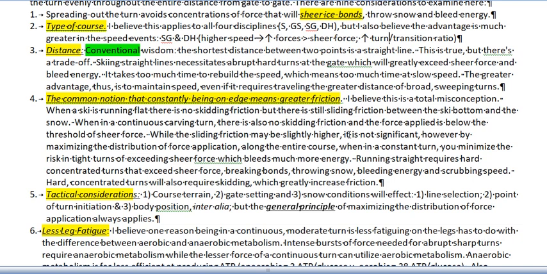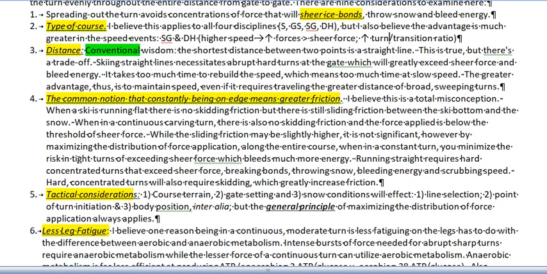And although the sliding friction may be slightly higher in a turn because you're applying more pressure, maybe a little bit more sliding friction, it is not significant, right? However, by maximizing the distribution of force application along the entire course, when in a constant turn, you minimize the risk in tight turns of exceeding shear force.